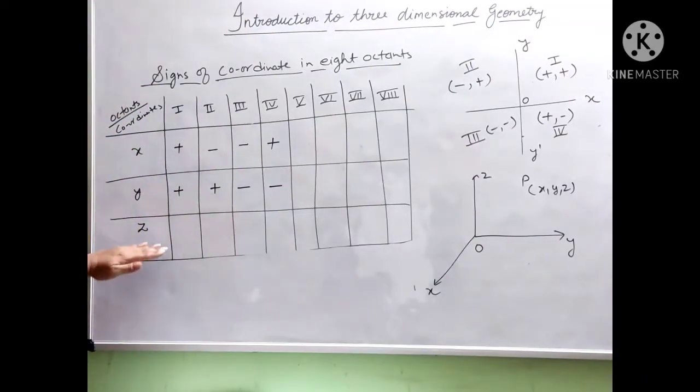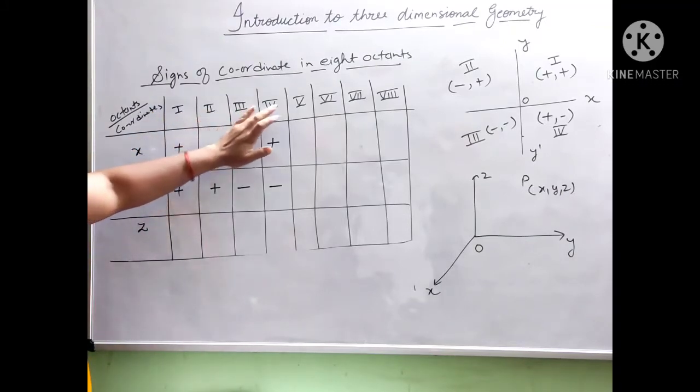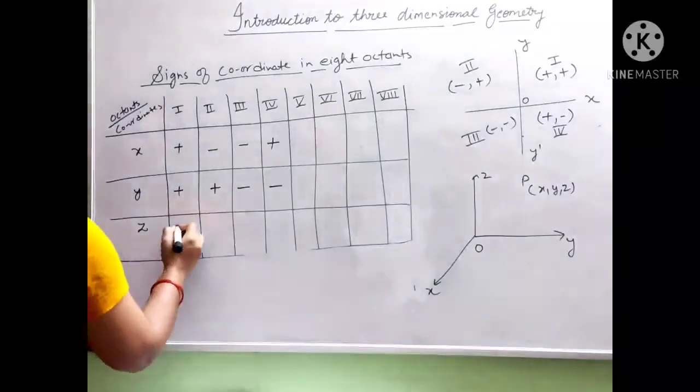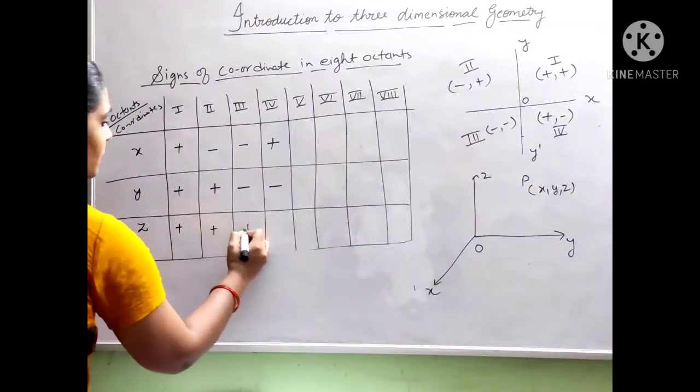So what about the z coordinate? In all of the first, second, third and fourth quadrants, the value of z is always positive.